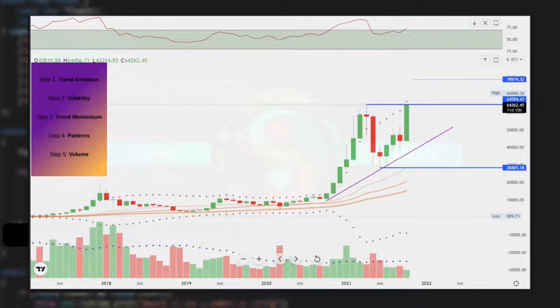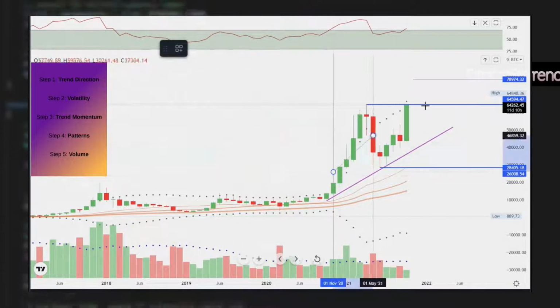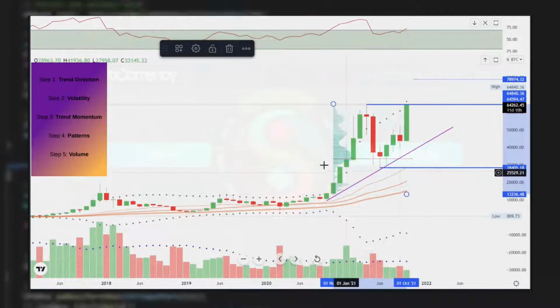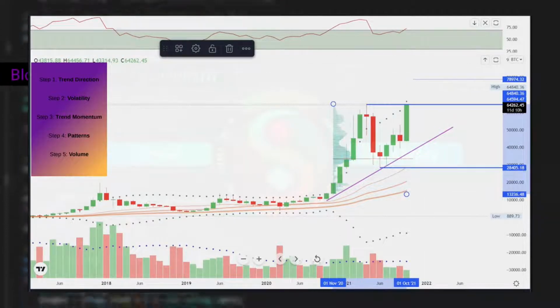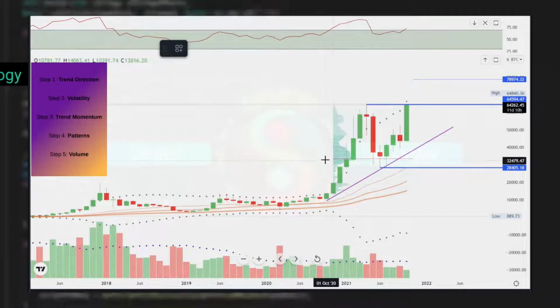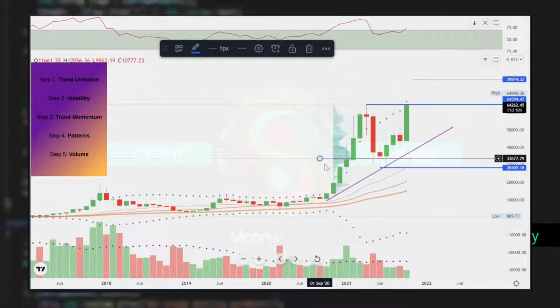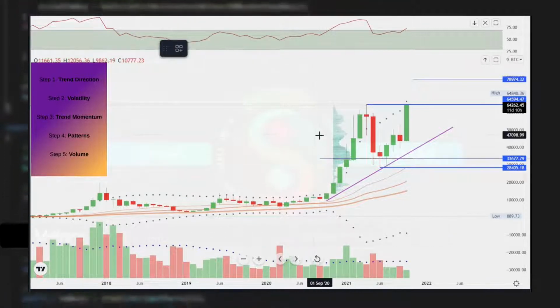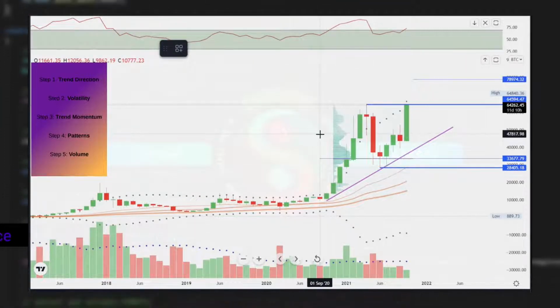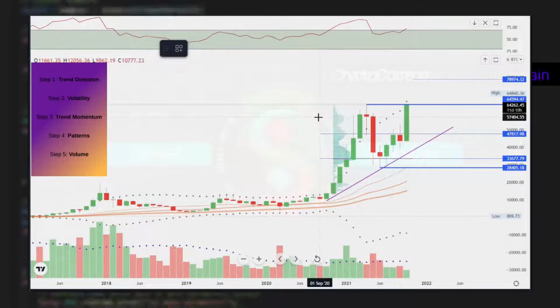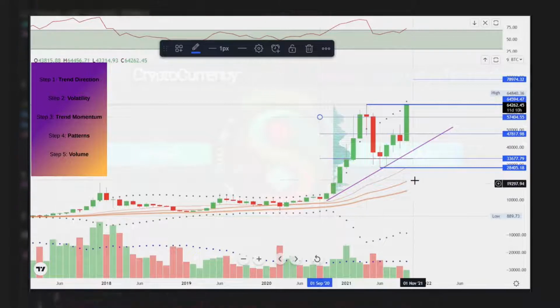The other support and resistance we can find is by using volume profile to find clusters of trading activity. And we can see we have one here at 33, one here at almost 47 and one here at approximately 57.